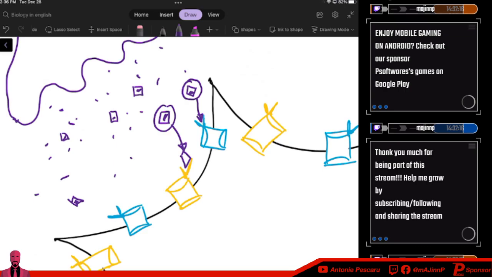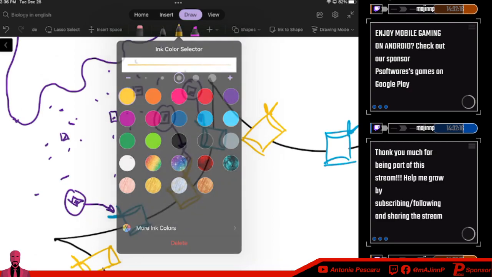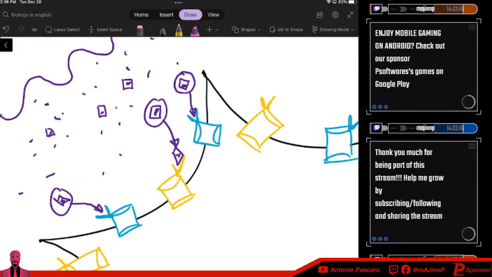And once the ligand goes in place, it opens up the protein channels. First of all, let's start with this guy over here in yellow. It opens the gate.